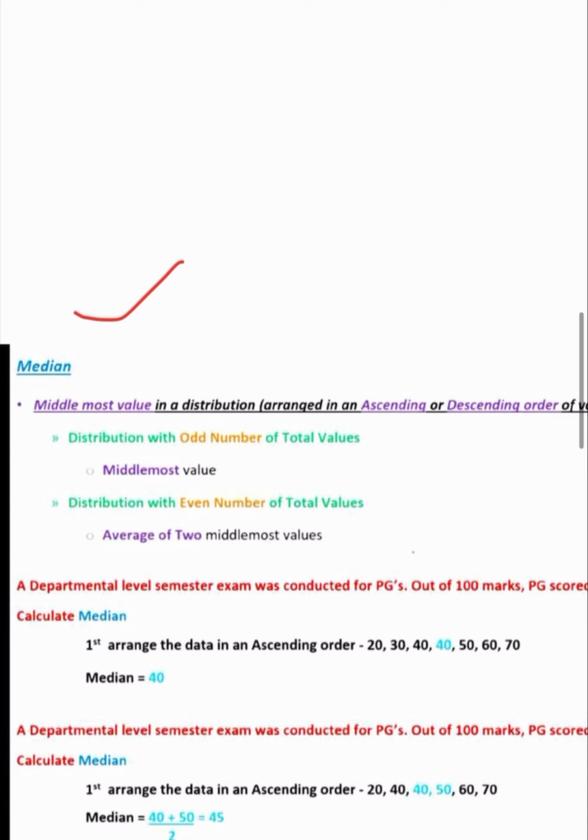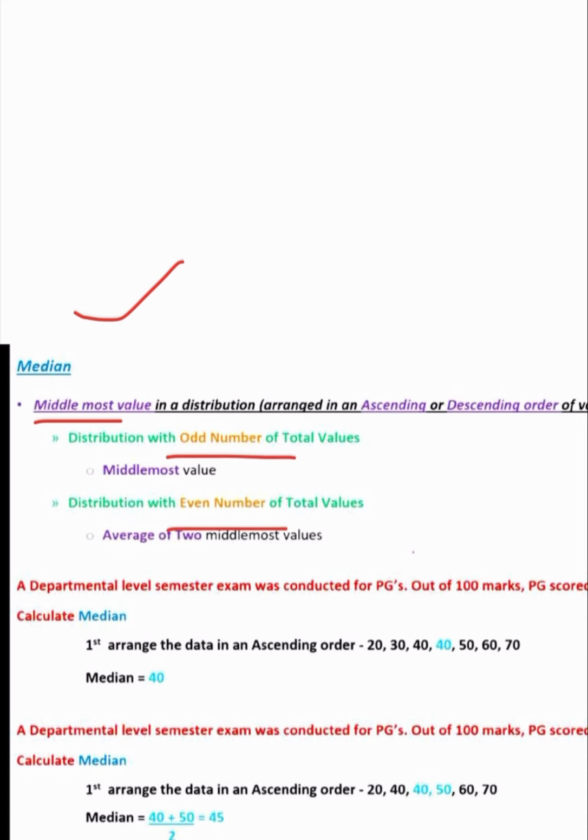Next is median. Median is nothing but the middlemost value, means the central value of the data. So how will you calculate? First, observe whether the data is given in odd number or even number.